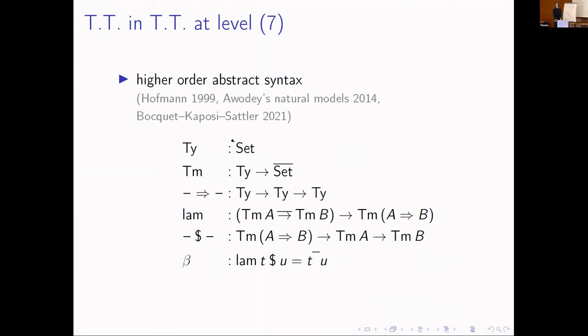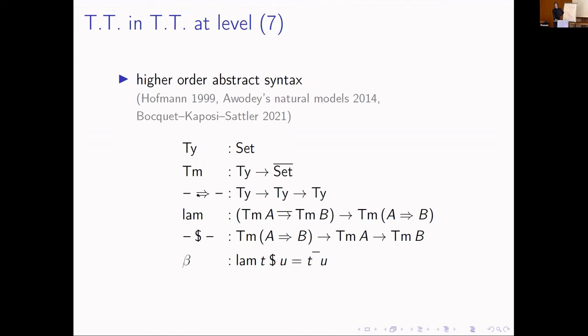So here types are just given by a type or a set, and the terms are indexed over types, but they don't return in the universe of types, but they return in set bar, and set bar is the universe of locally representable presheaves, because, as Hofmann showed in 1999, higher order abstract syntax can be given meaning by presheaves. So this is the extra component that we have if we want to talk about higher order abstract syntax, this barred thing. So we have the barred universe.